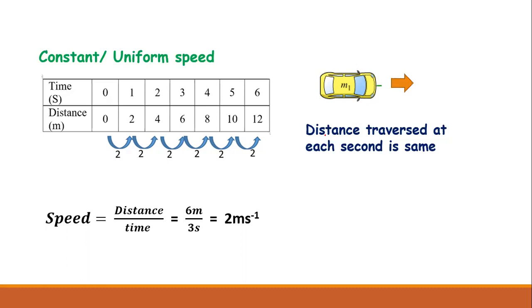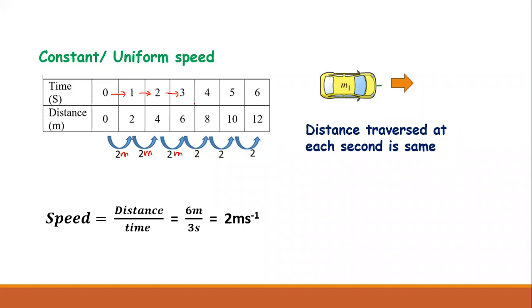Why is this named constant or uniform speed? Speed is the distance traveled in a unit time. So when we consider a unit time here, if this is 1 second, it is just 2 meters here. And when we think about the second second, it is again 2 meters. And when we think about the third second, it is again 2 meters.